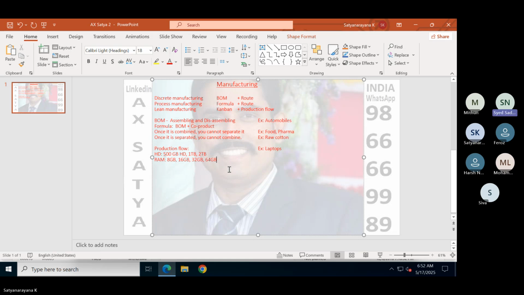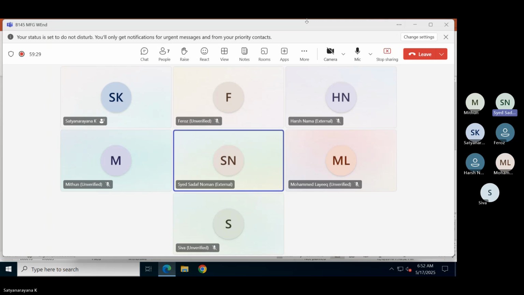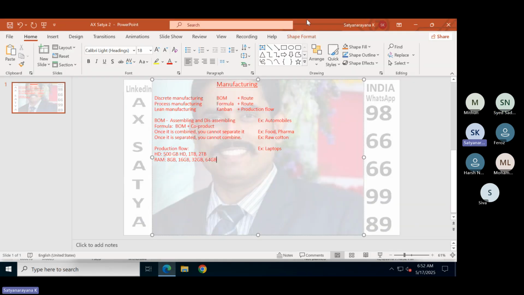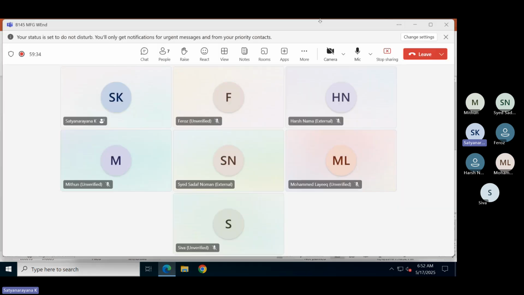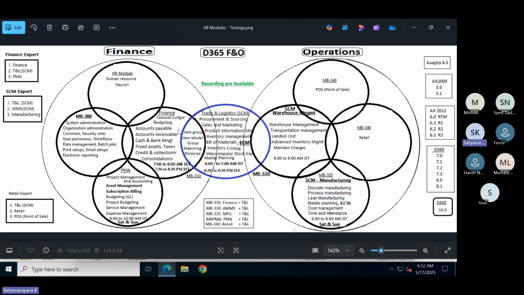As we are finance consultants, it is also a good benefit to learn this as an addition. Definitely. Yeah, you are a finance consultant, Syed? Yes. Okay, fine. But definitely, as I told you, very few finance people learn manufacturing.